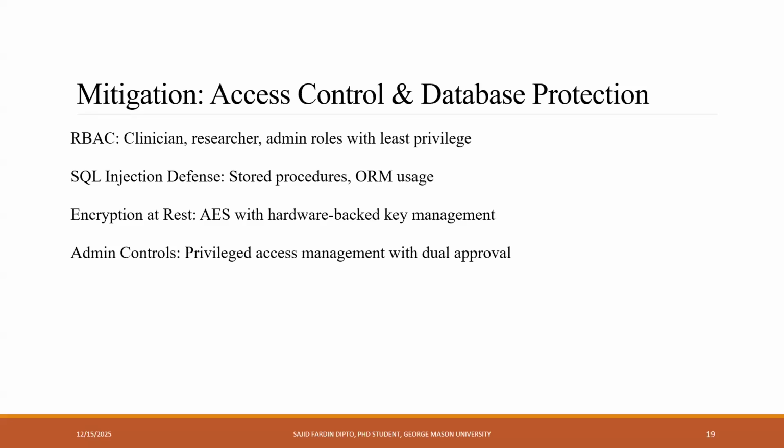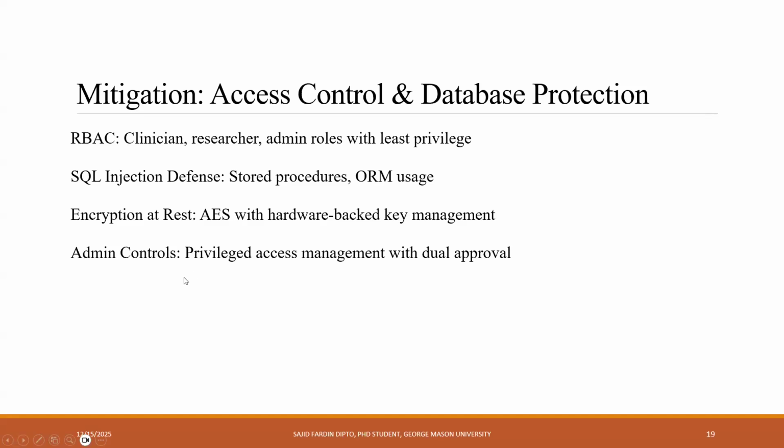And in case of encryption at rest, we can use Advanced Encryption Standard with hardware-backed key management. This means if someone physically steals a hard drive or database backup, they cannot read the EMG data without the encryption keys.